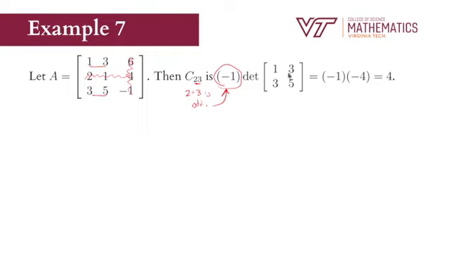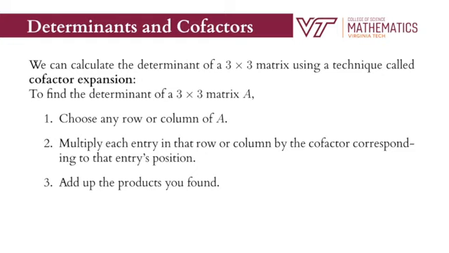And so this determinant is 5 minus 9, which is negative 4. But by changing the sign, our final answer is positive 4 instead. So that's an example of a cofactor.